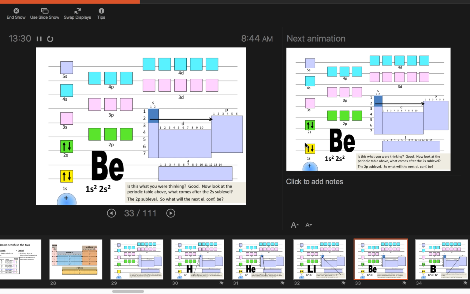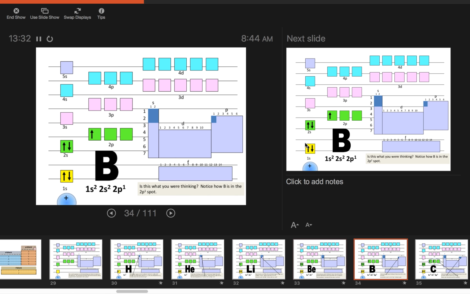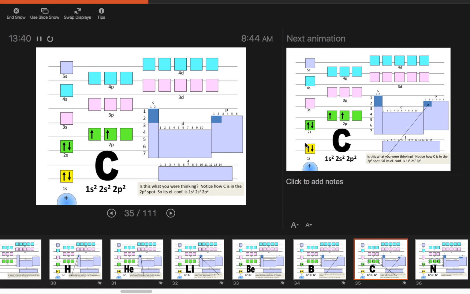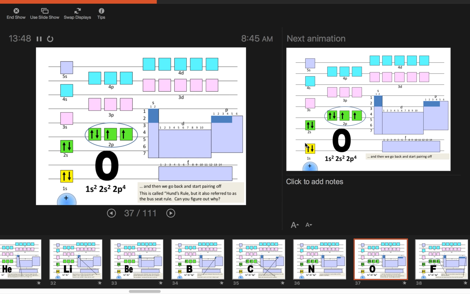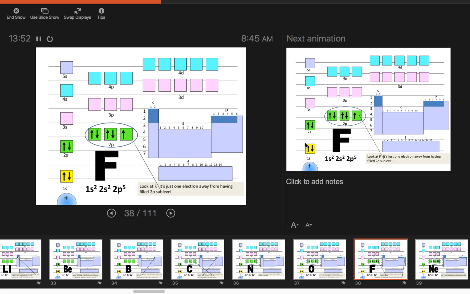Moving on. Okay, so then now we're in boron, and there's 5. And there's carbon with 6. Okay, and here's nitrogen with 7. Here's oxygen. I really want to get to the first noble gas, which is neon.